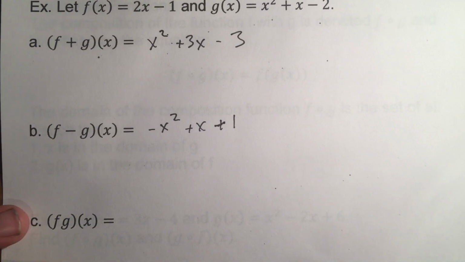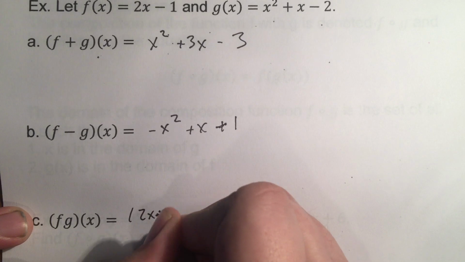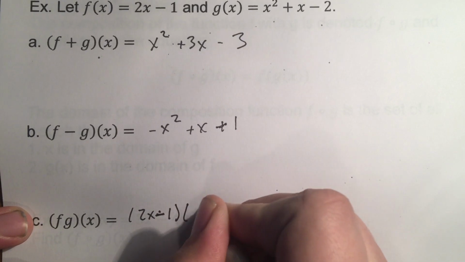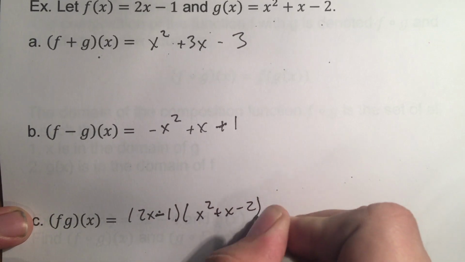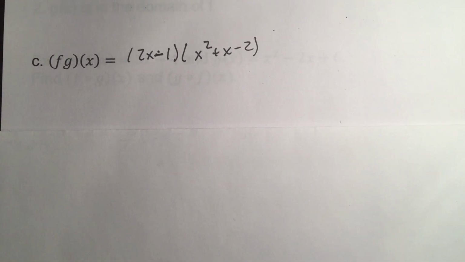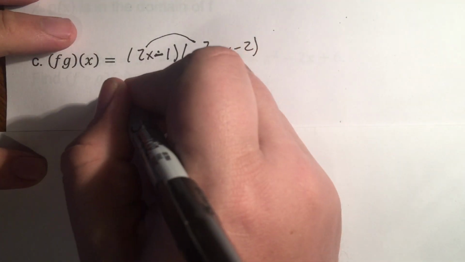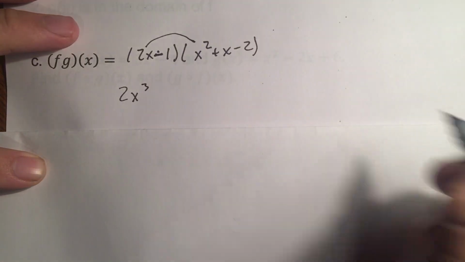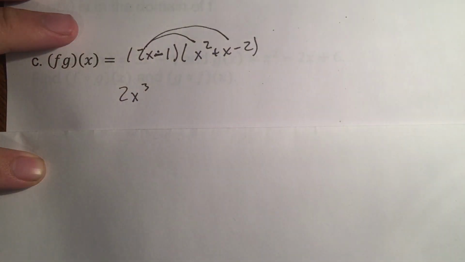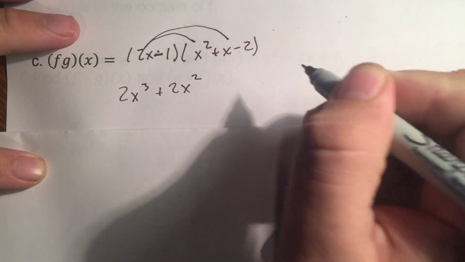If we multiply them, so we would have 2x minus 1 times x squared plus x minus 2. So here, and I'm going to move this up here. Here we're going to have to FOIL this out. So 2x times x squared would be 2x to the third. 2x times x would be plus 2x squared.